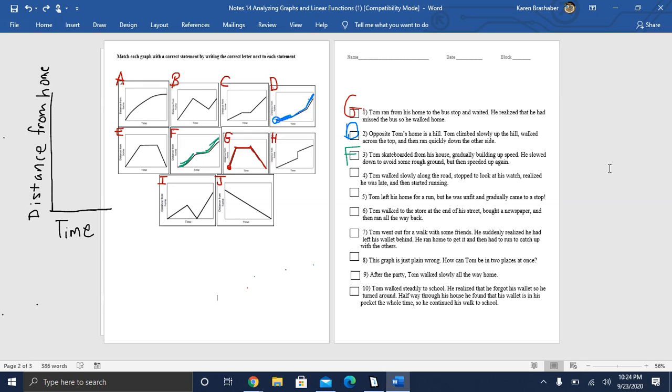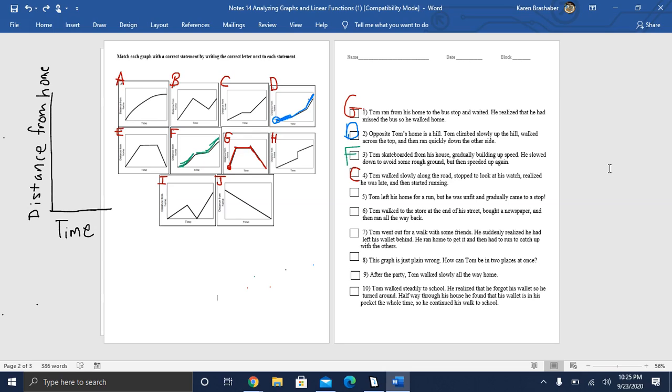All right, number 4, Tom walked slowly along the road. He stopped to look at his watch, realized he was late, and then started running. This will be graph C. Again, he's not going back to his house, so we're choosing a graph where he's getting further away from his home.